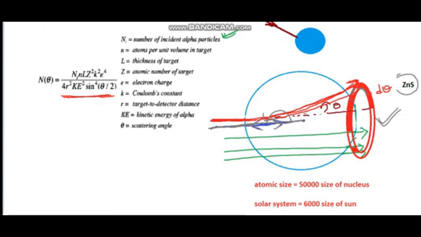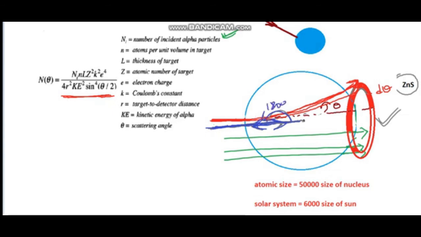For example, in this case, alpha particles come and hit the nucleus and come back in the same direction, which are the back scattered alpha particles. In that case you will have an angle of 180 degrees.